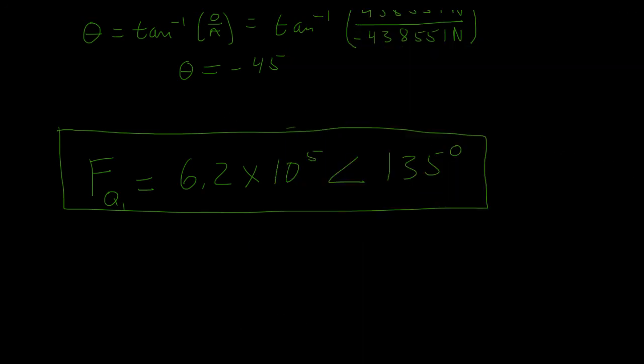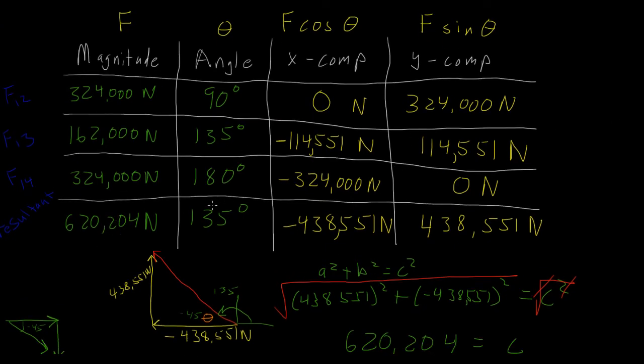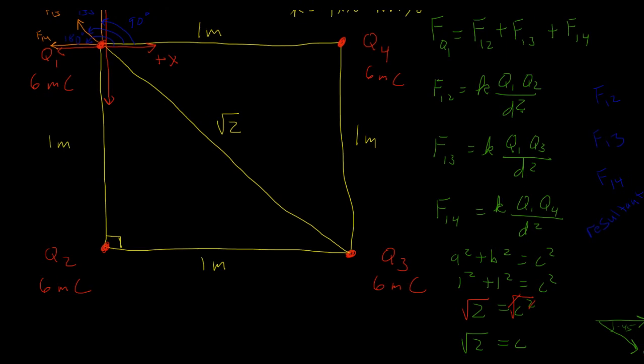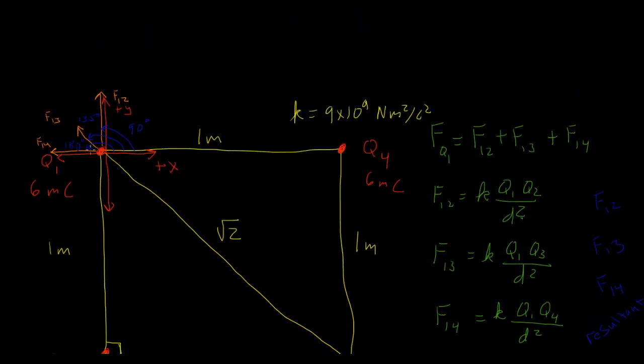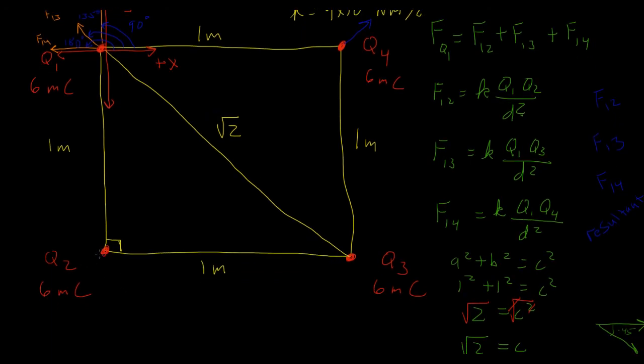The magnitude, you can calculate this again if you want, but the magnitudes are always going to come out the same. The only thing different here is going to be the angle. So for example, this angle, the resultant came out to be 135. If you do it for Q4, it's going to come out to be 45. If you did it for Q2, it would be, let's see, what is that, 225?